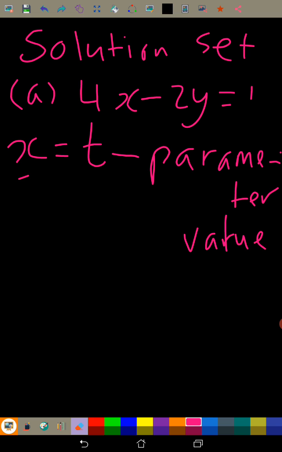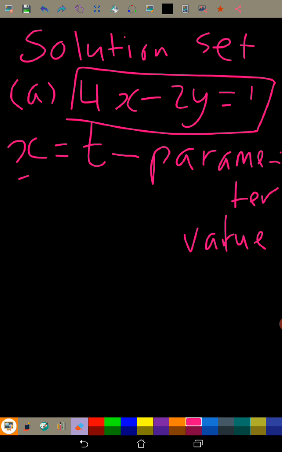given to x. And so if we want to make y the subject of this equation, we're just going to do like this. So we have 4x minus 2y is equal to 1.